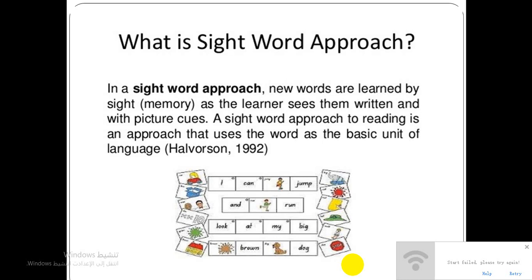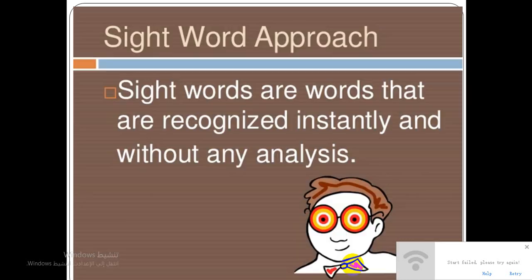What is the sight word approach? This is the third approach of reading method. In a sight word approach, new words are learned by sight memory as the learner sees them written and with picture cues. A sight word approach to reading is an approach that uses the word as the basic unit of language.